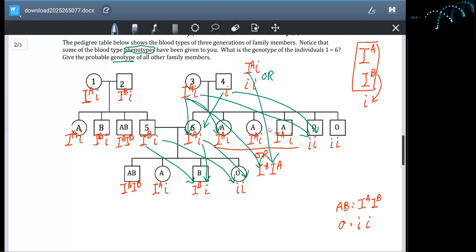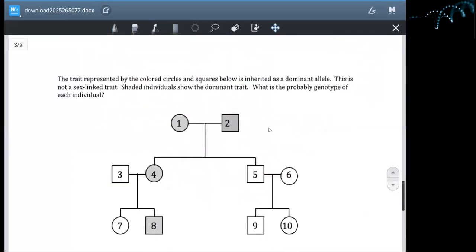Okay, so there are many possibilities. On the exam, most likely I'm going to make it very transparent and clear that there's only one possibility. The whole goal of this assignment is so you can think through possibility and logic. Now let's move on to the next one.